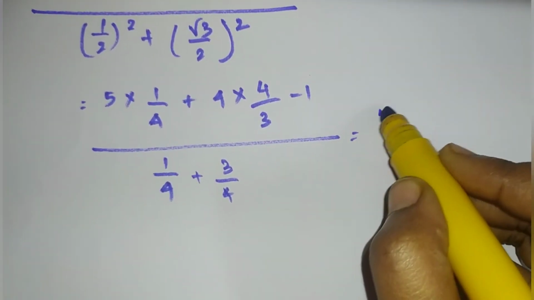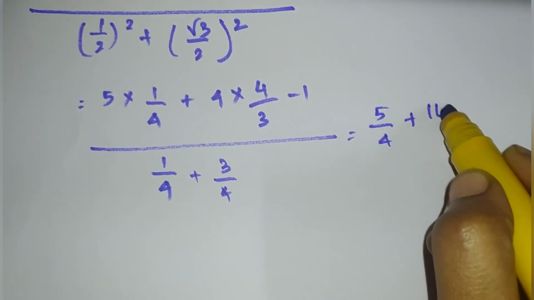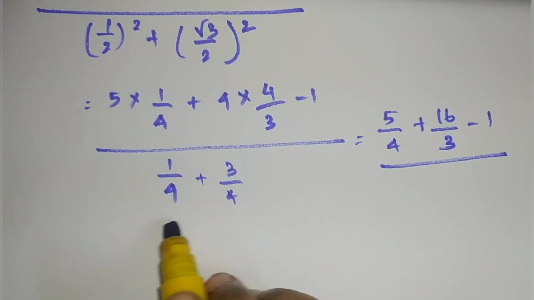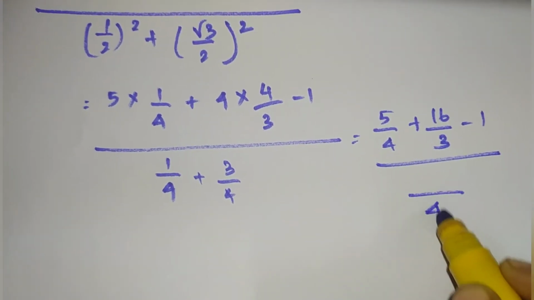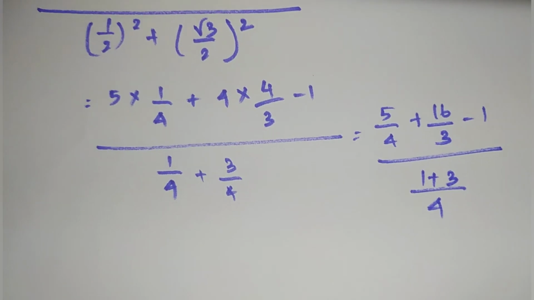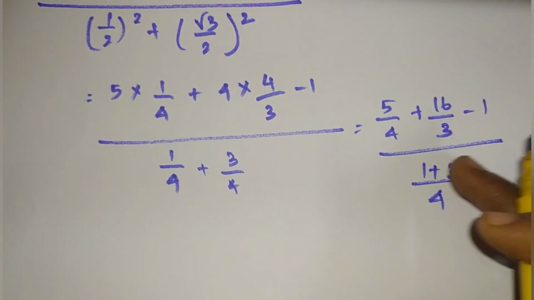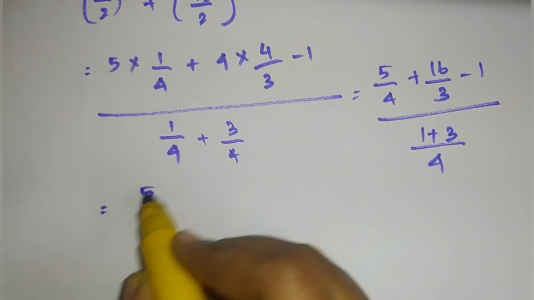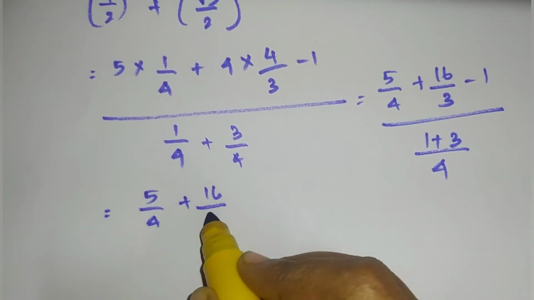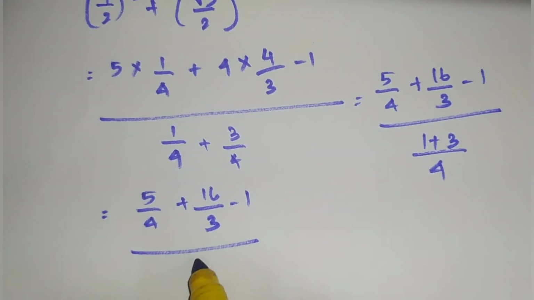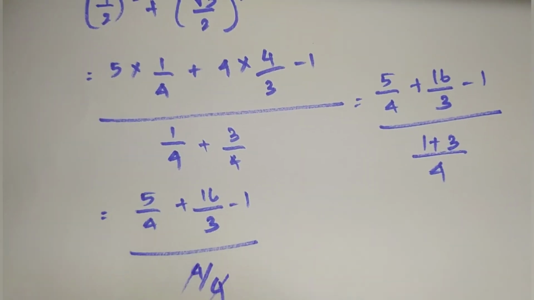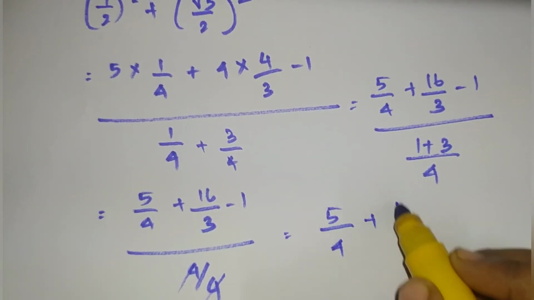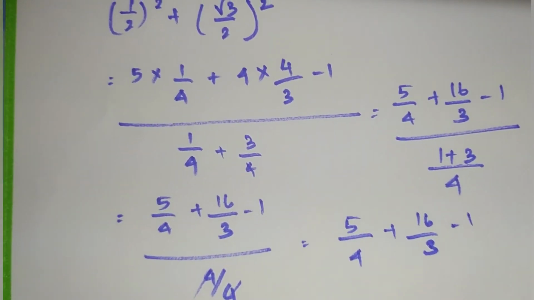This is 5 by 4 plus 16 by 3 minus 1, divided by 1 by 4 plus 3 by 4. Both are the same denominator, so take LCM: 1 plus 3 is 4. Then we can cancel the 4, and the remaining is 5 by 4 plus 16 by 3 minus 1.